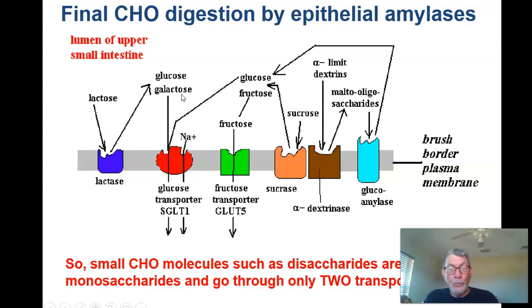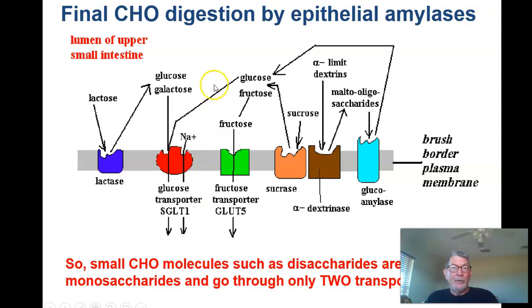You can only absorb monosaccharides. You can absorb glucose, galactose, and fructose. You can't absorb anything bigger than that. So you have lactase, which breaks down lactose into glucose and galactose. Glucose and galactose can both go through this cotransporter powered by sodium, which pushes them into your bloodstream.